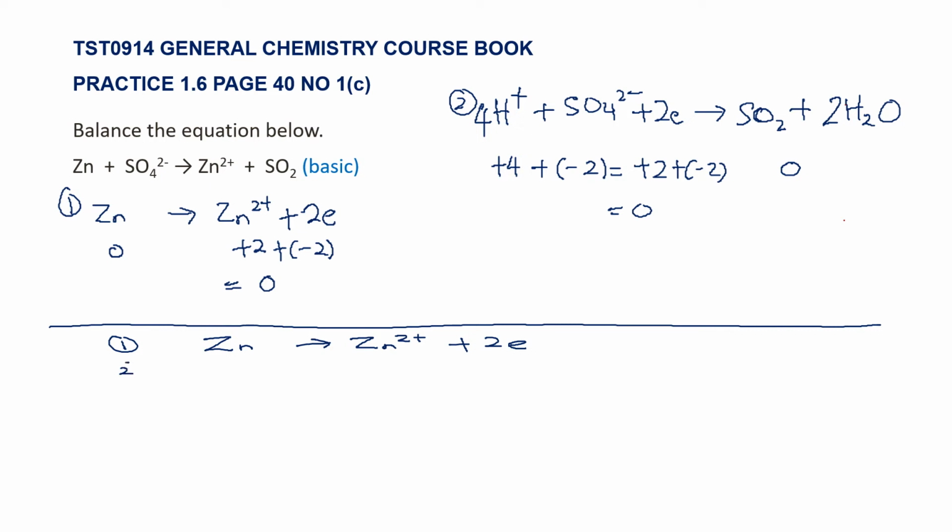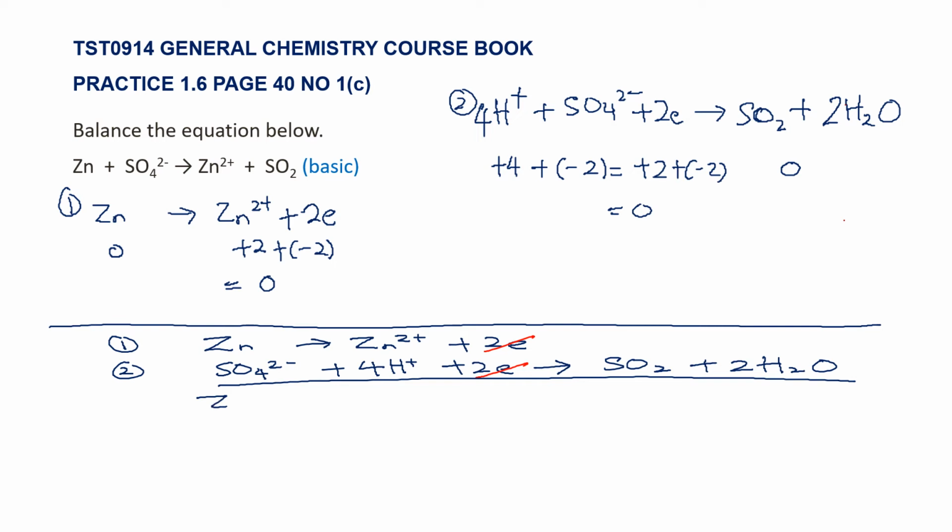Equation 2: SO4 2- plus 4H+ plus 2e- produces SO2 plus 2H2O. We can cancel the electrons because they are the same number. We total up these two equations.